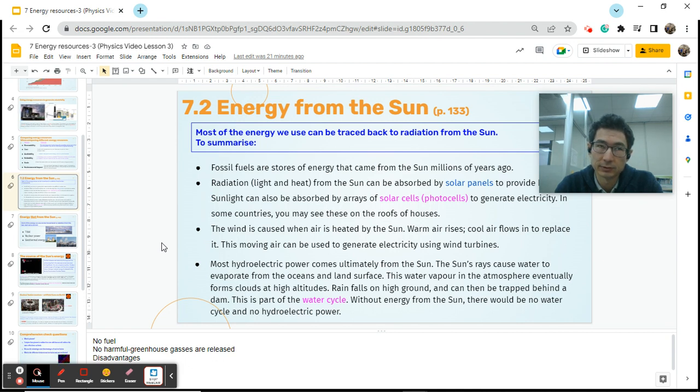Rain goes to rivers, lakes, seas, and also underground, and this cycle repeats. That's called the water cycle. Without energy from the sun, there would be no water cycle and no hydroelectric power.